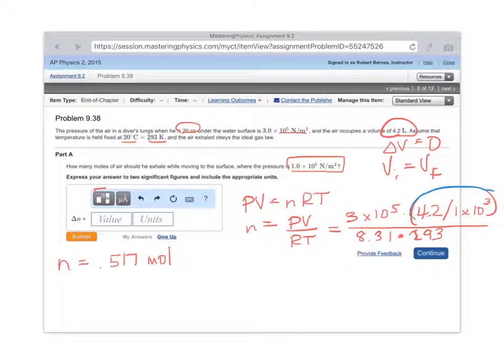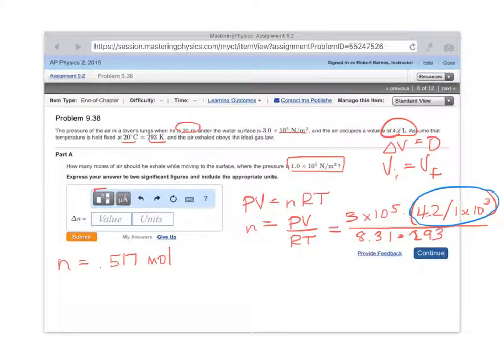Again, we had to convert liters to cubic meters. So that's how many moles of an ideal gas, whether it's air or whatever it is. Sorry about the announcement there. That's how many moles of any ideal gas would, at that pressure and that volume and that temperature, that's how much space they would occupy.